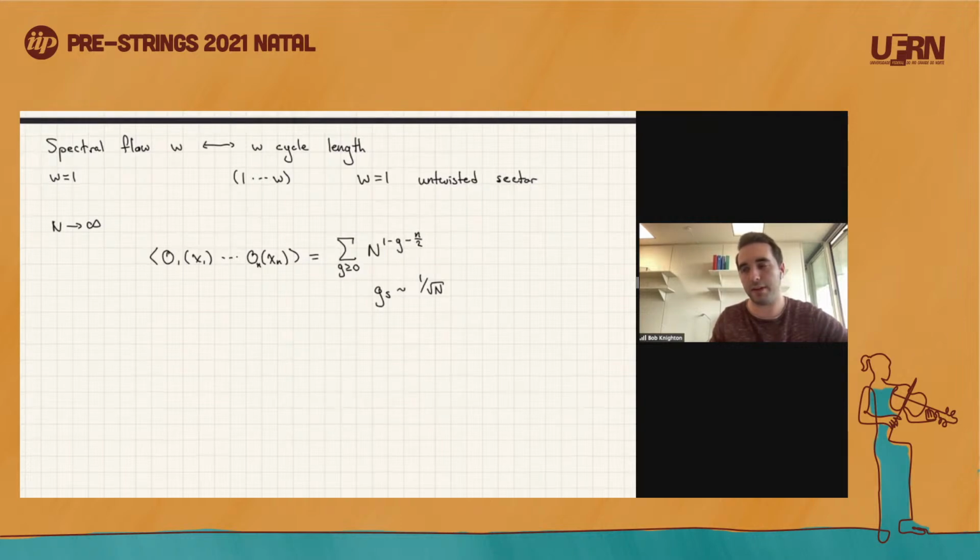The only effect that taking N to infinity has is that you can consider cycle lengths of any size. But when you start doing higher order corrections, N will appear through the size of g_string. In particular, I don't think anyone really has any idea how this works when N isn't infinite.